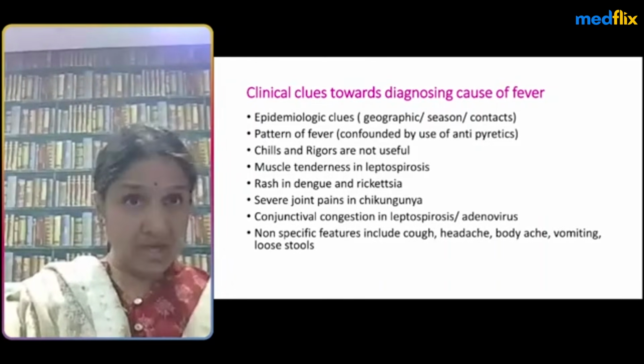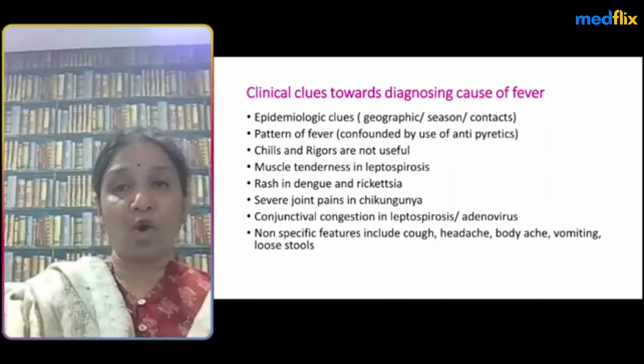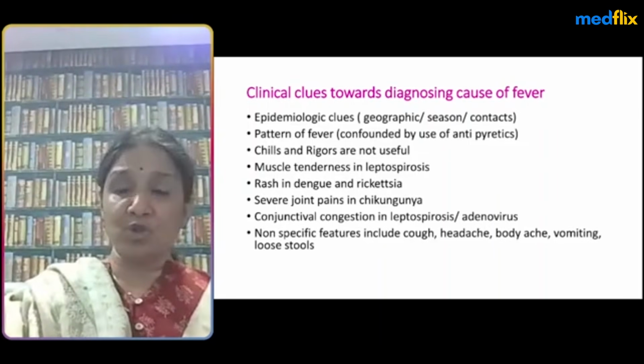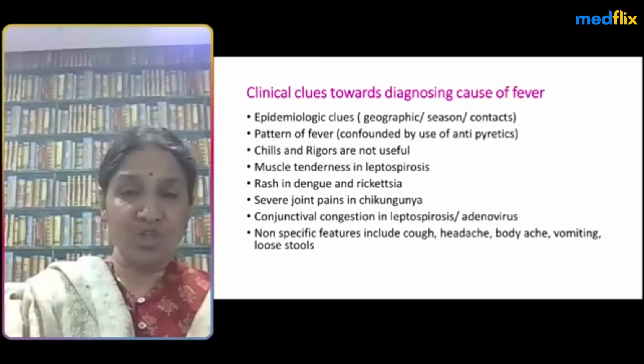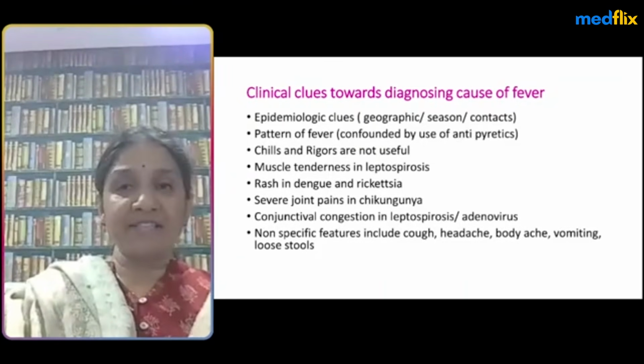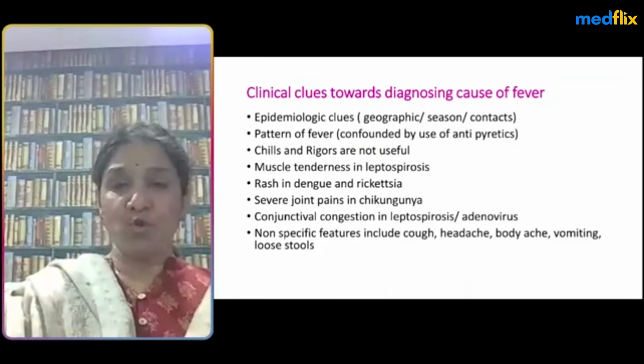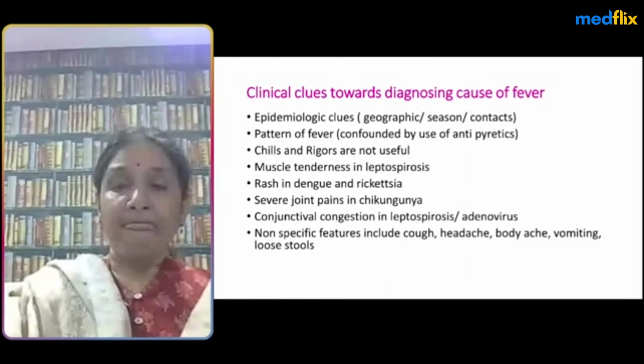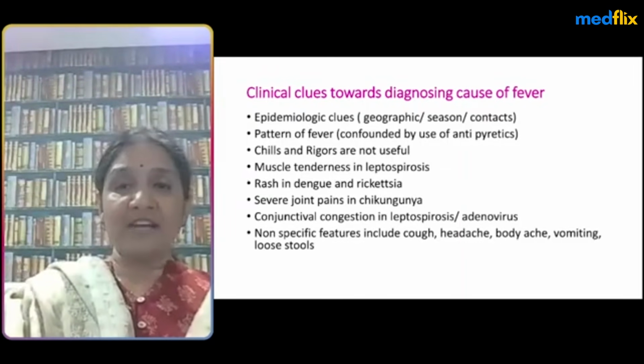Now, before I come to the lab tests, I would just like to talk about some of the clinical clues which can help you in diagnosing the cause of fever, when a patient comes to you with a fever which is not localizing to a particular organ system. So there can be epidemiologic clues like the geographic location, season, and contacts, because all of us who are practicing medicine know that in a particular season there is one important fever which goes around.